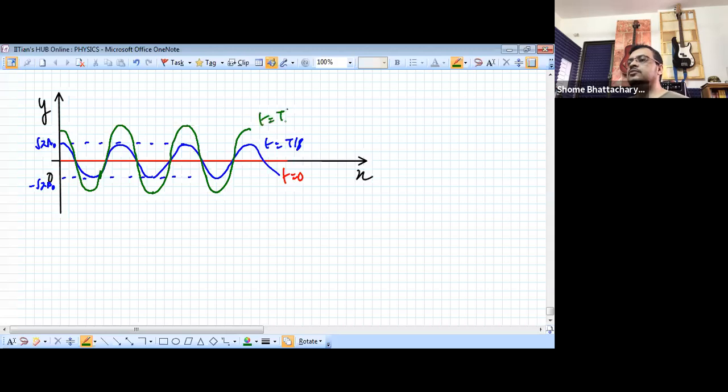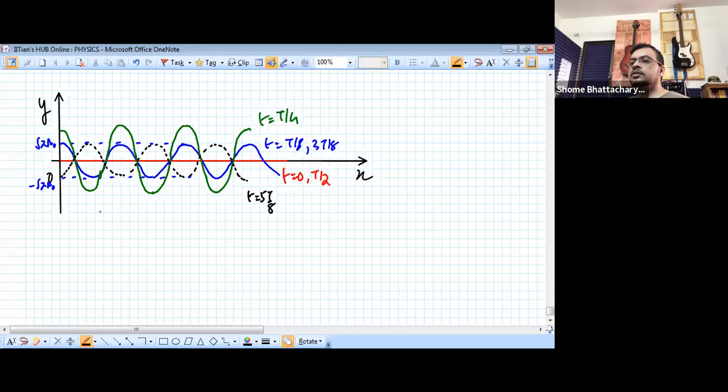This is at t equal to T by 4. Then 3T by 8 is actually back to this shape. And then T by 2 is back to this shape. Then 5T by 8, if you take, it will be this kind of shape now.